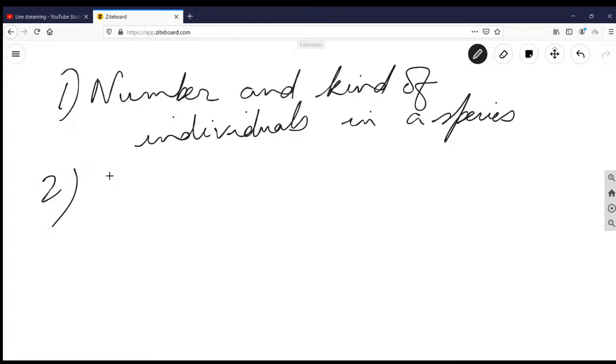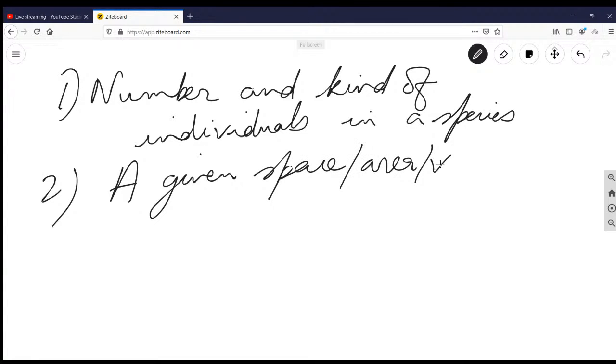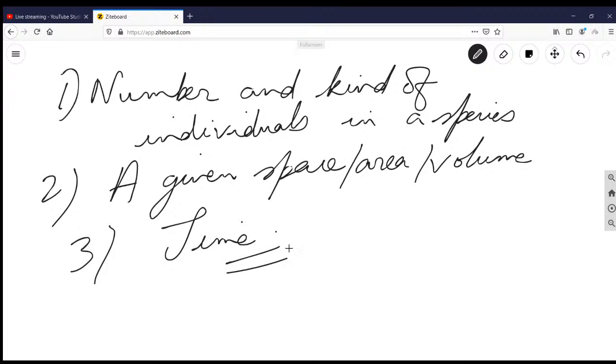Number two would be, what is the area, a given area or volume, space. Then you can say, what is the time period? Specific time is very, very important when you calculate the number of population or even population density.